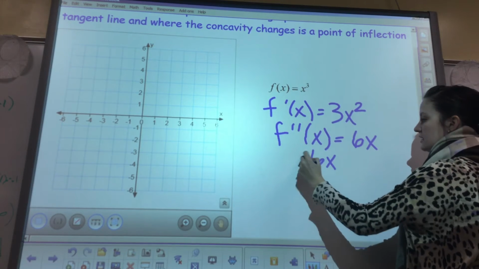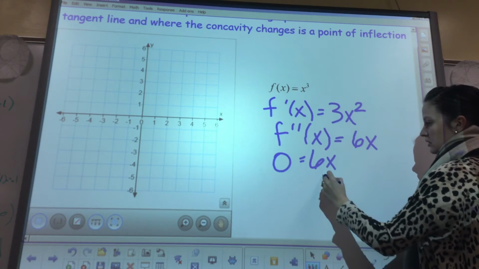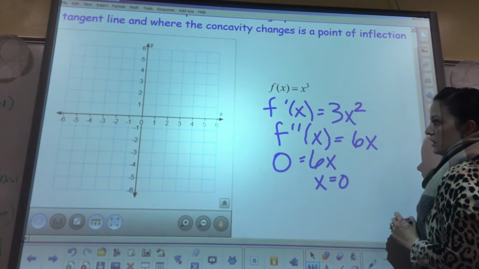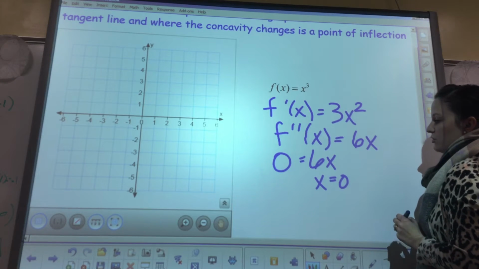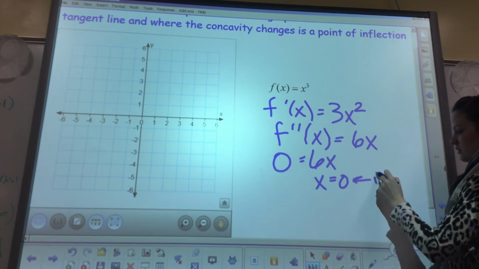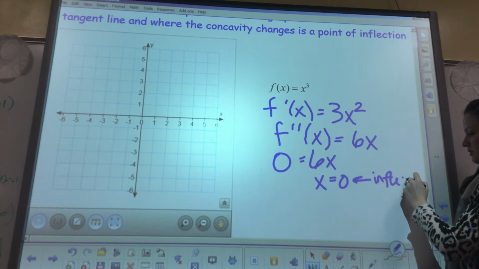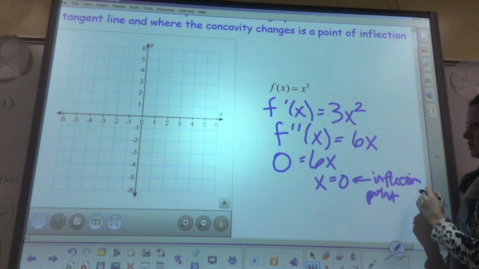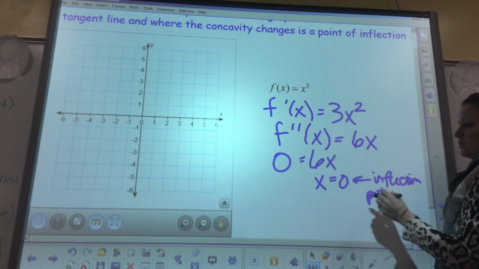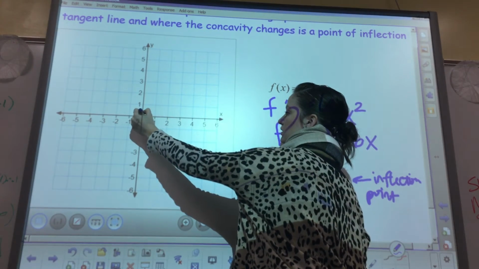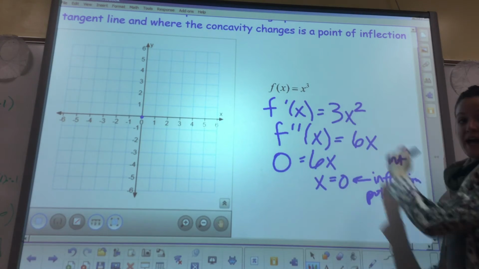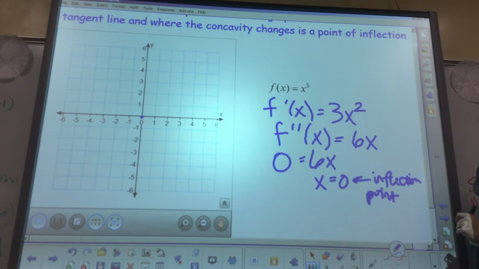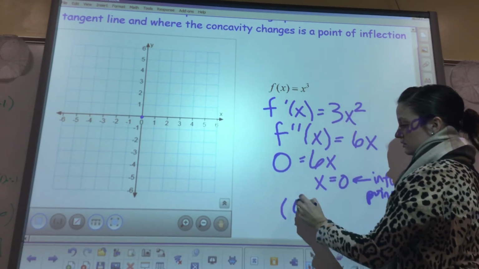So 6x is equal to 0 at x equals 0. So that's going to be the inflection point. That's going to be at (0, 0) because if I plug that 0 back into the original function, that gives me 0.